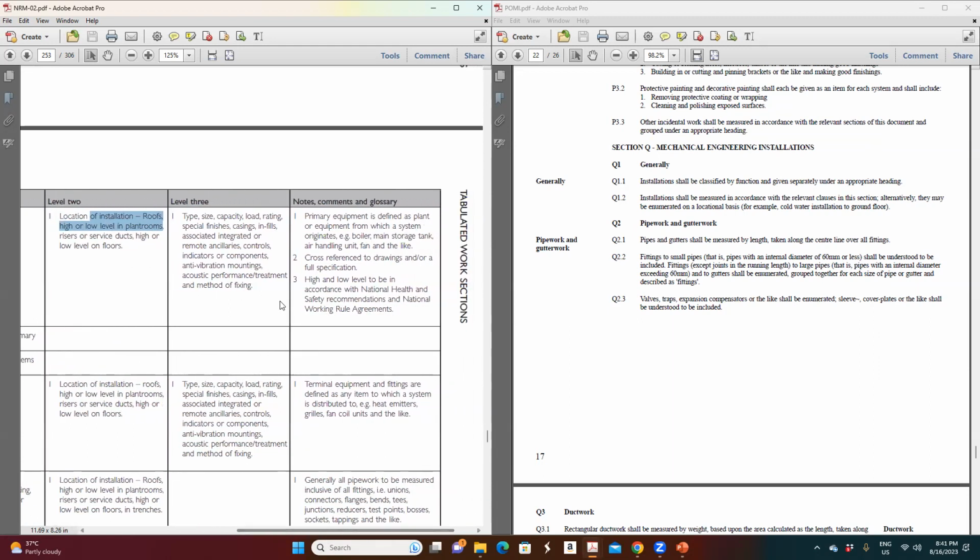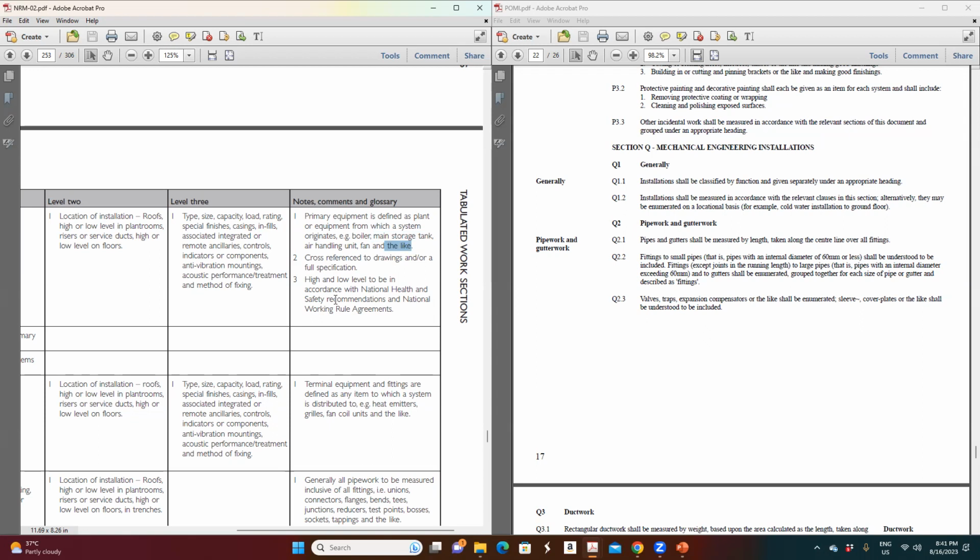So you come to the notes here. These notes are very, very important. They said primary equipment is defined as plant or equipment from which a system originates. Examples: boiler, main storage tank, air handling units, fan, stuff like that.